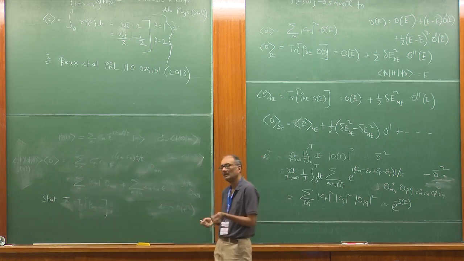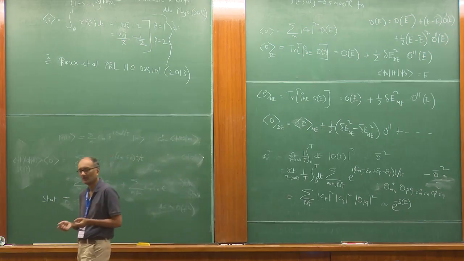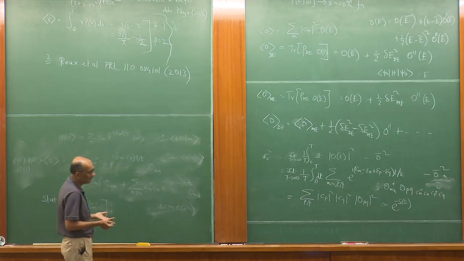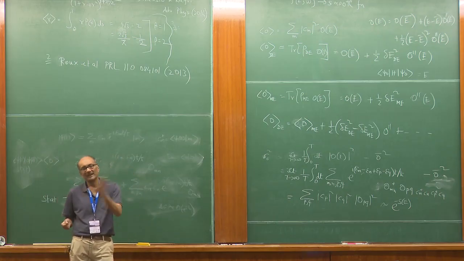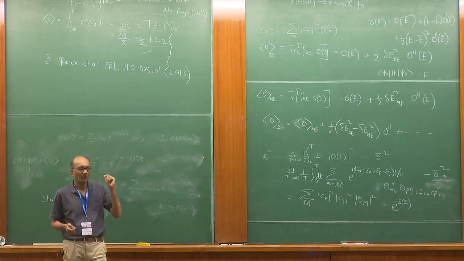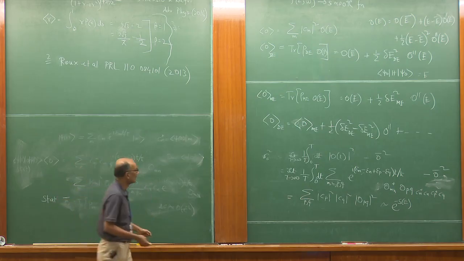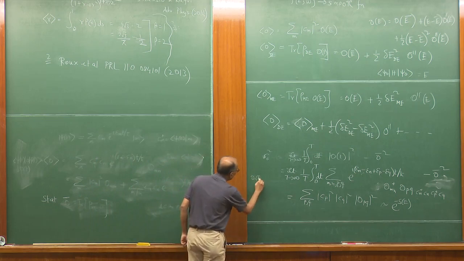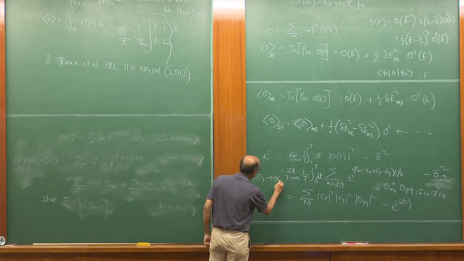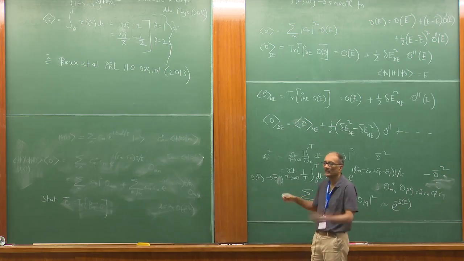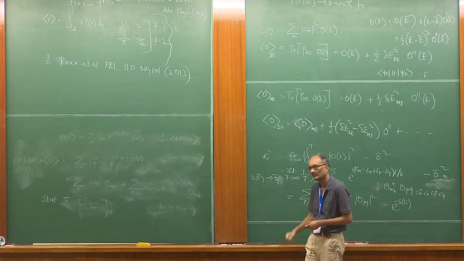The connection is that if you want to just look at your system within a very narrow energy window over which your density of states remains constant, then in a typical system, that energy window will have roughly the average energy. And then O of E is just going to tell you that that's basically the expectation value of O. So O of E within that energy window is going to go to a constant, some O bar, because it's a very narrow energy window, it doesn't change much within this.